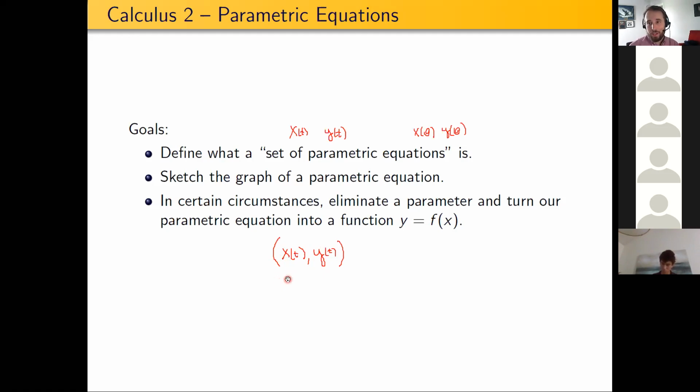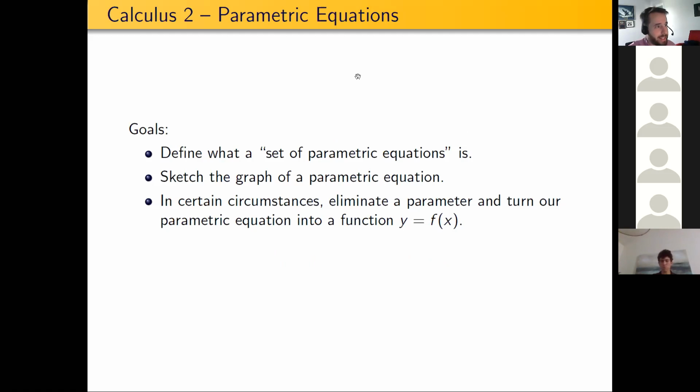There's a close relationship between a pair of parametric equations and the parametric curve they describe. In the videos ahead of class, we described these parametric curves given a set of parametric equations. We also saw an example in which we eliminated the parameter t and converted our parametric equations back into an expression like y equals f of x, rewriting it as a single function.